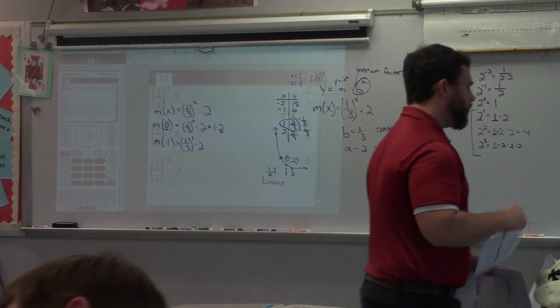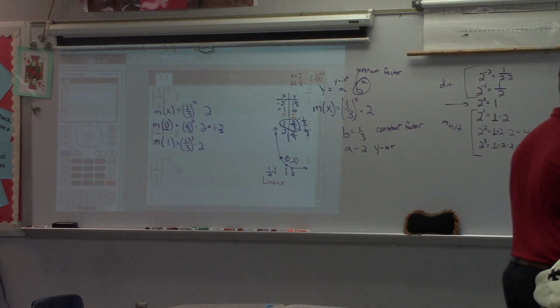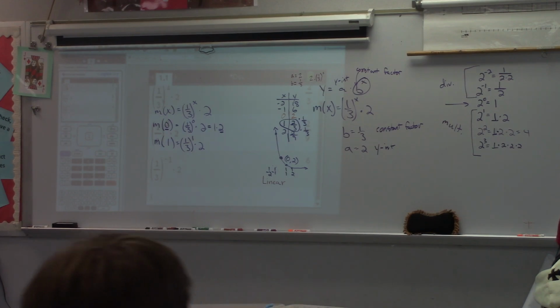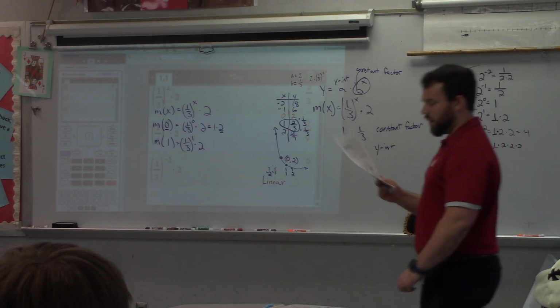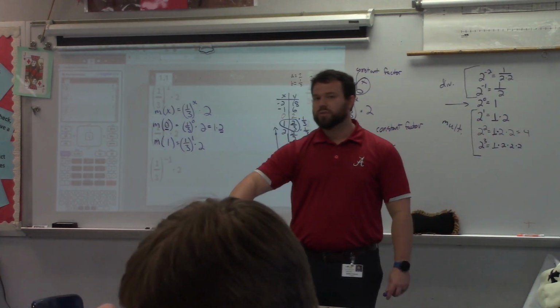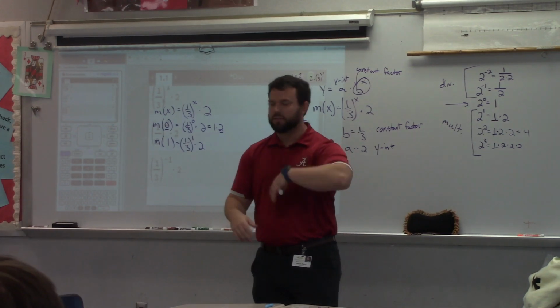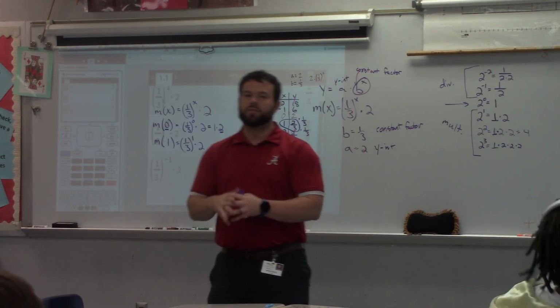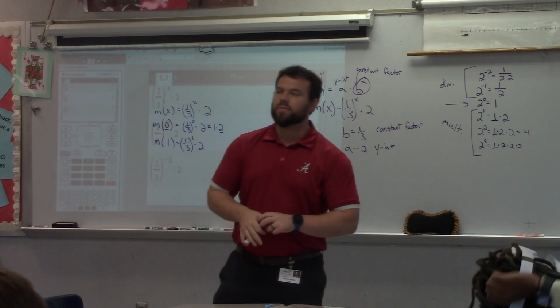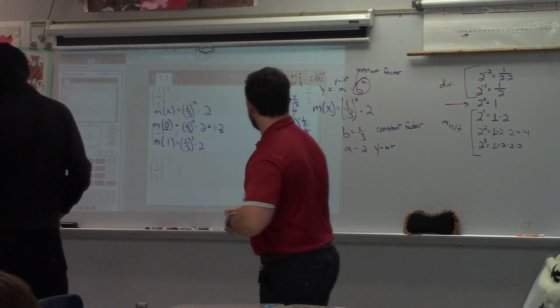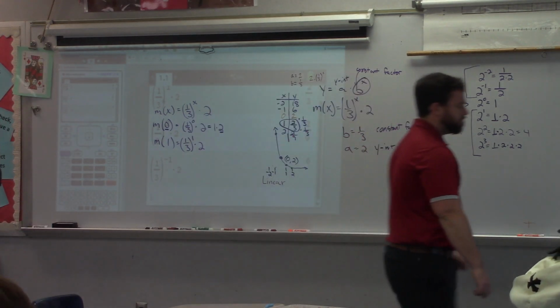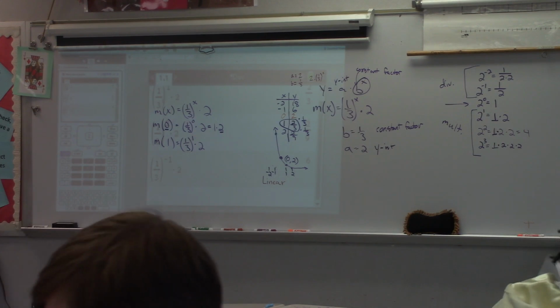Those are the functions with what types of rates of change? Hey guys, what types of rates of change do those linear and exponential have? Constant additive and constant multiplicative. Call it a constant factor, right? Those are our constant rates of change. But what's the one type of function we have not done very much yet? Quadratics.